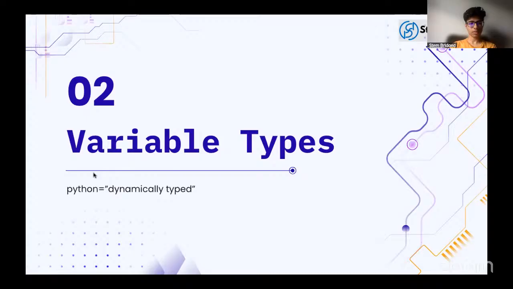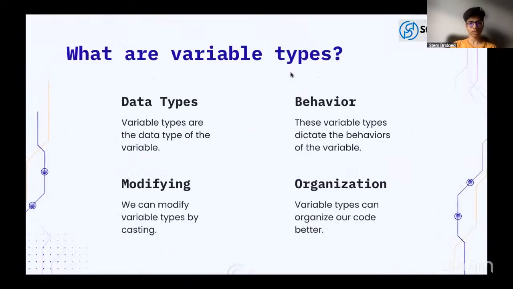Okay, so let's look at some variable types. Variable types are the data type of the variable. If you're putting a number into a variable, then the data type of the variable will be a number. There are a bunch of different types, and they all behave differently.